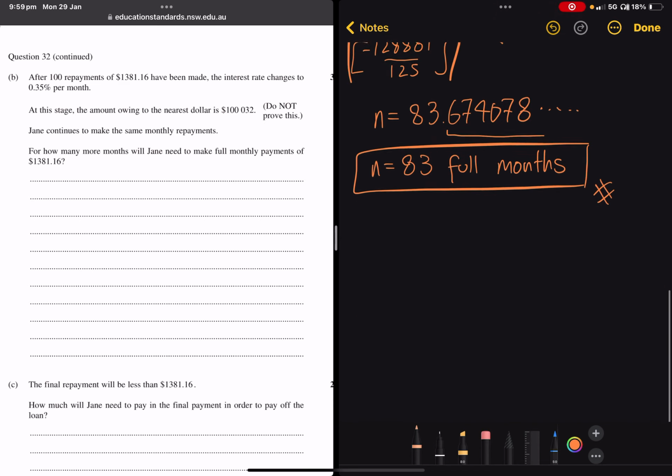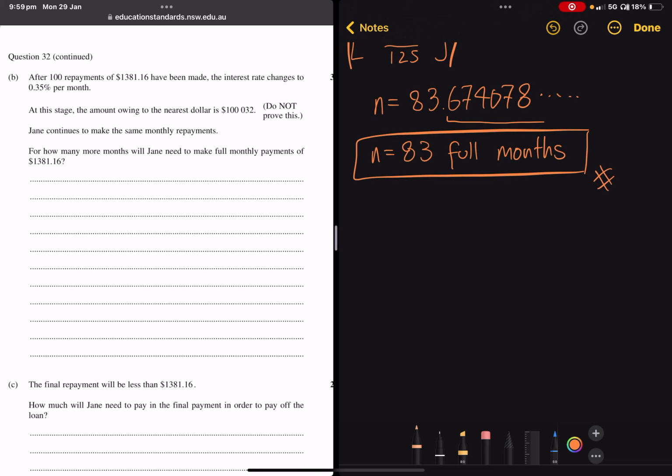So this is part C. How much will Jane need to pay in the final payment in order to pay off the loan? The shorthand way to do this, the quickest way, is to take this string of decimals and multiply it by her fixed payments, and this will give you the fraction of the payment that would be needed.